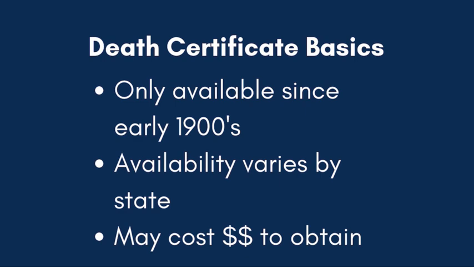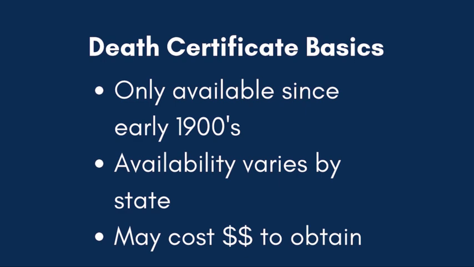Now, there are other ways you can see death certificates. If you are a descendant of a person, you can go to a site like Vital Check and order that death certificate. You can also skip a service like Vital Check, which does charge a fee, and go straight to the county to get a death certificate. But you are going to have to show some things like proof that you are the descendant of this person.